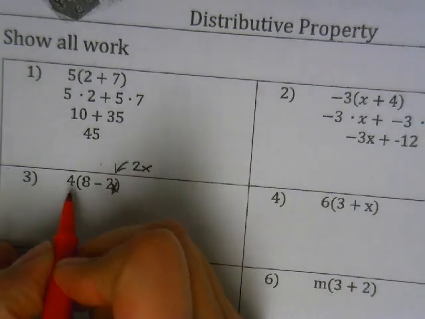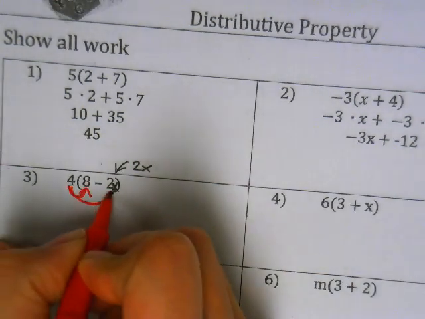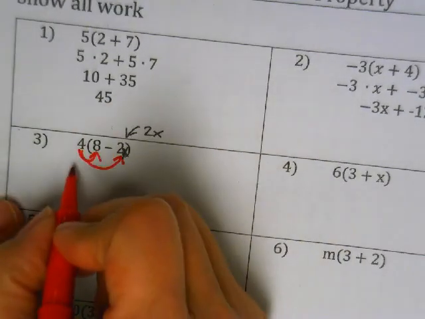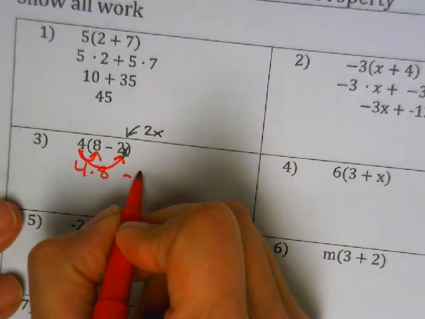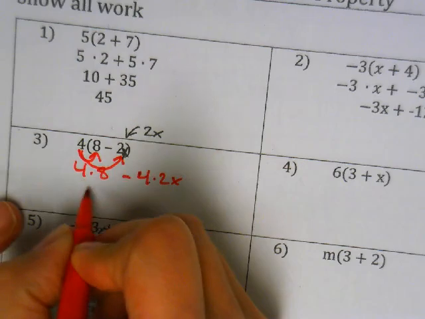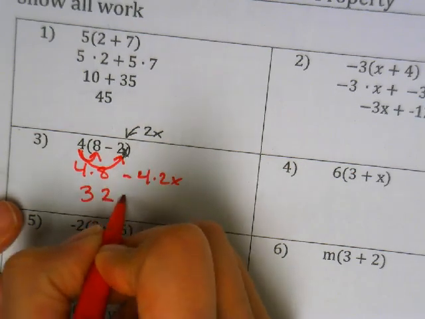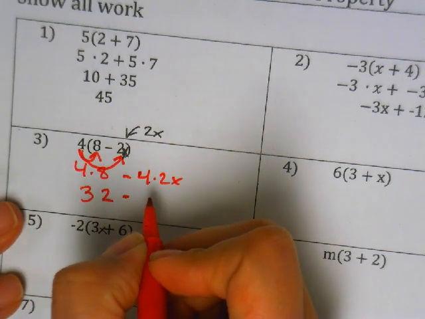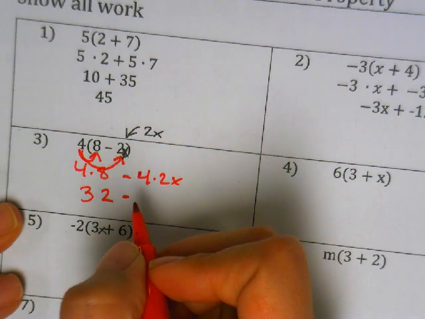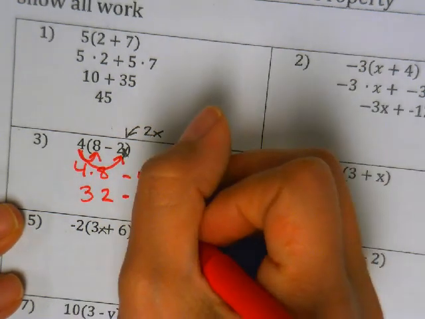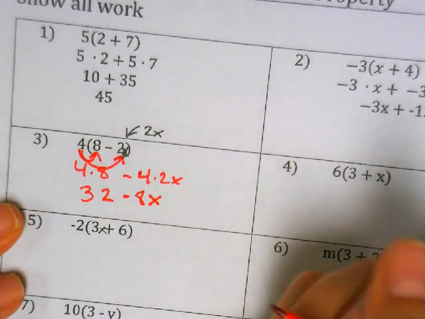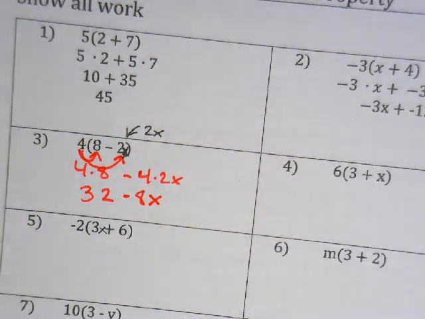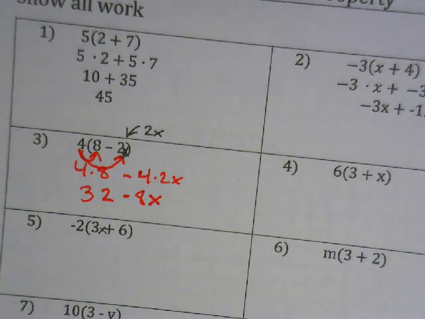So we distribute. No, I missed 10, 25, 25. I don't think I was awake that day. Using the 10, 25, is there anything special? Is that it? Yeah, 32 minus 8x.